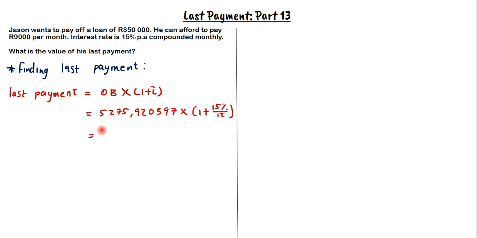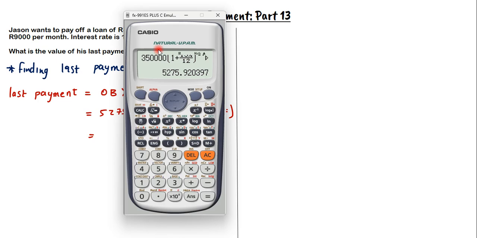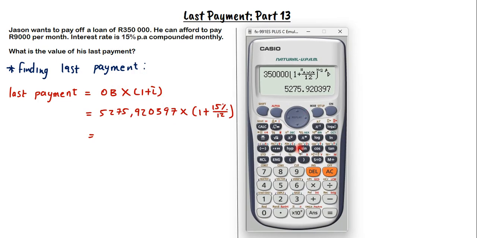Alright, so press this into our calculator then. We already have this, so let me just write it as it is so that people don't make mistakes. 0397 multiplied by 1 plus 15% over 12. And that is going to be our last payment.